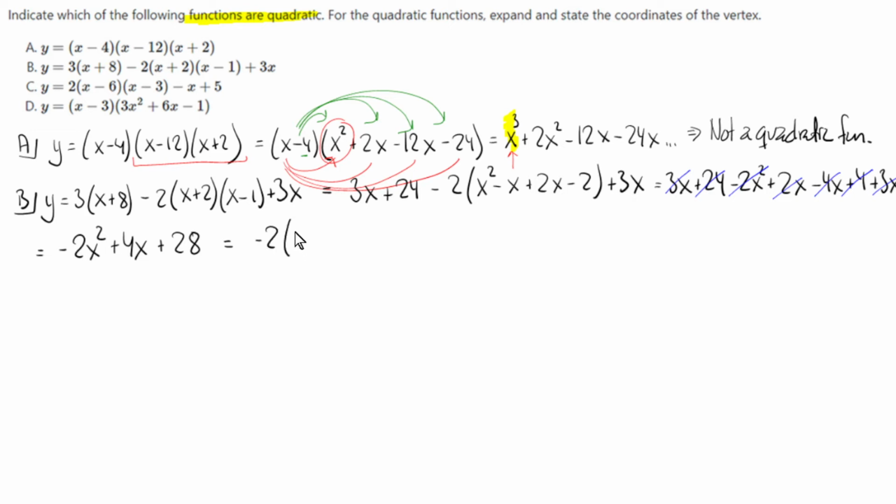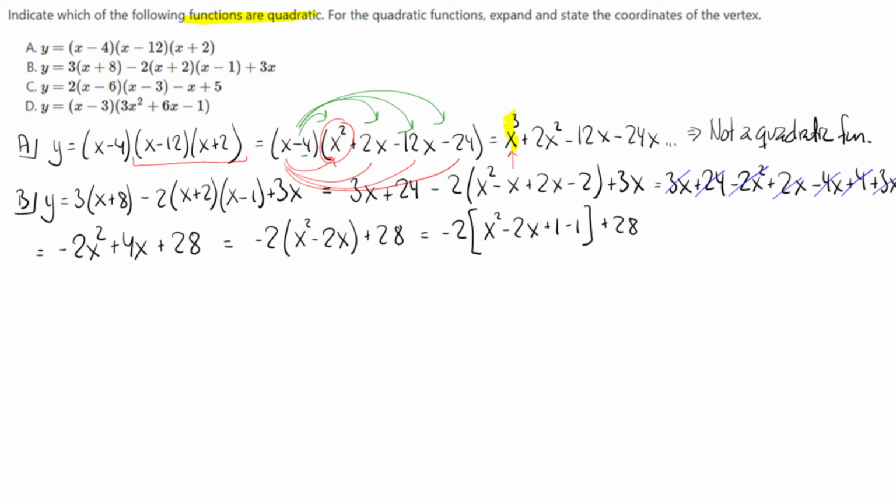And that leaves us with x squared minus 2x plus 28. Then we're going to complete the square. Negative 2 times (x squared minus 2x). We take the negative 2 divided by 2 and square it. So that's going to be plus 1 minus 1.